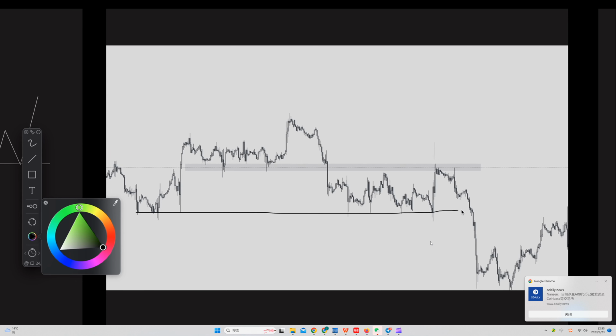Another level of support, which is here, you have 1, 2, 3, a lot of touches, then it's essentially a break. And you can see how these opportunities, this is something I mentioned, come when these levels are probed.